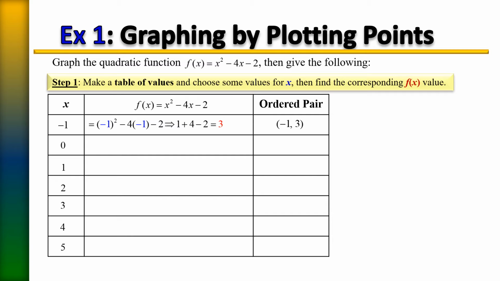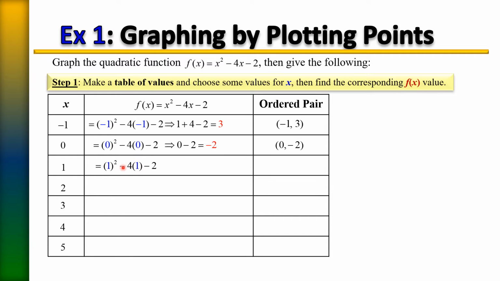So we have one ordered pair. Let's move on. This time let's plug in a 0 for x. When we do so, it's going to look like so. We can readily see that our output is going to be a -2, so that ordered pair then is 0, -2. And now let's plug in a 1 in x's place. So here we have 1 squared, which equals 1.